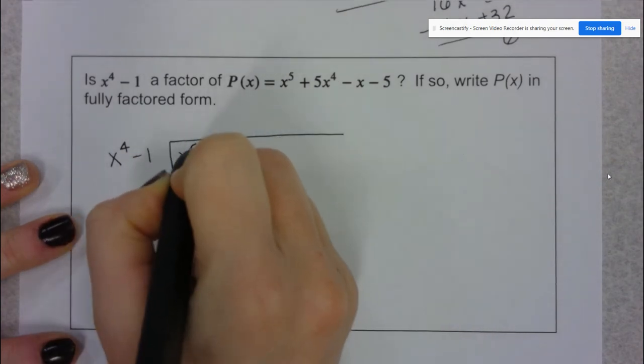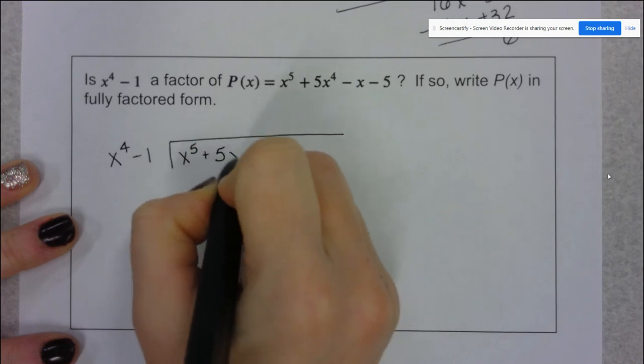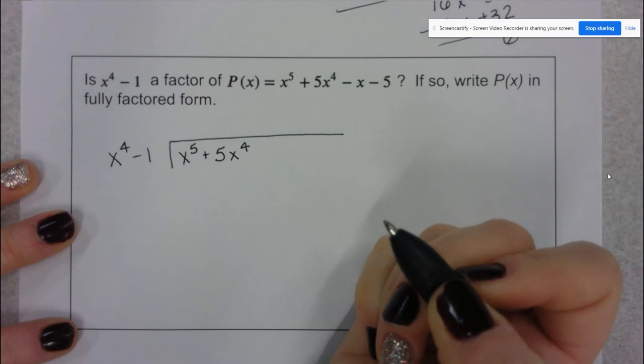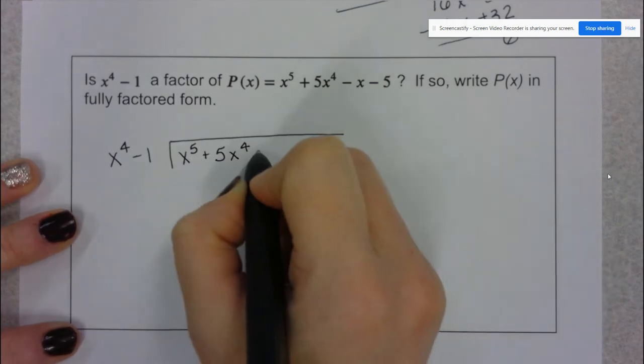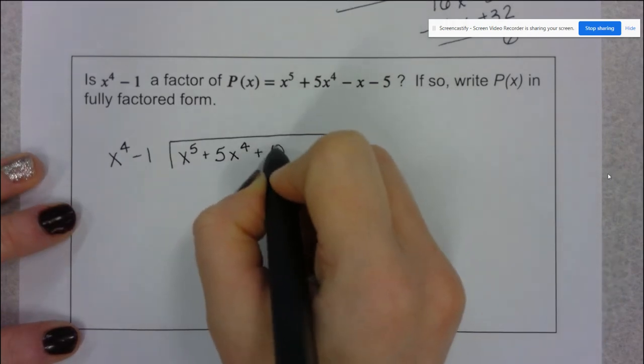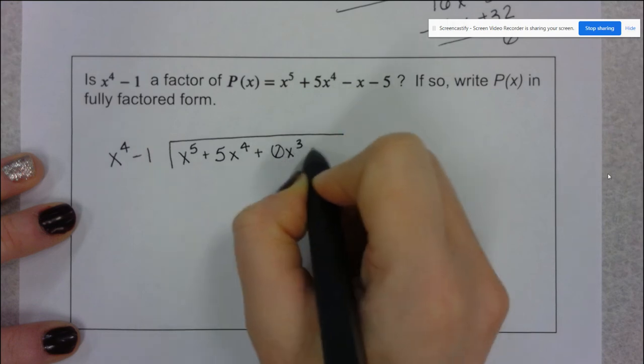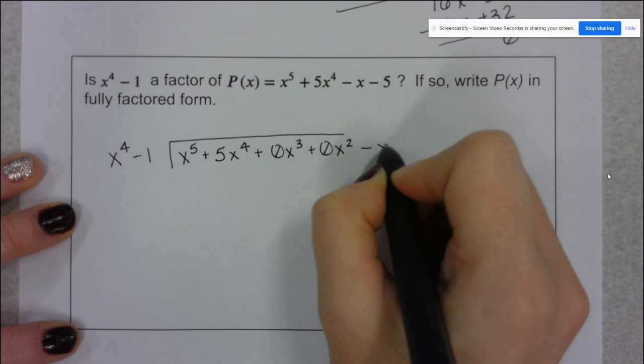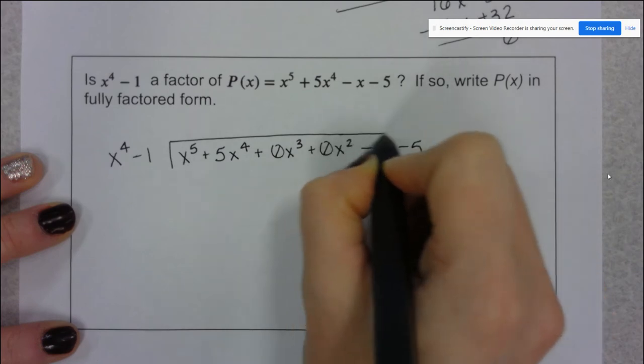I've got x to the 5th plus 5x to the 4th. I have no x cubed, and I have no x's, so I got to put some placeholders there. Minus x minus 5. All right.